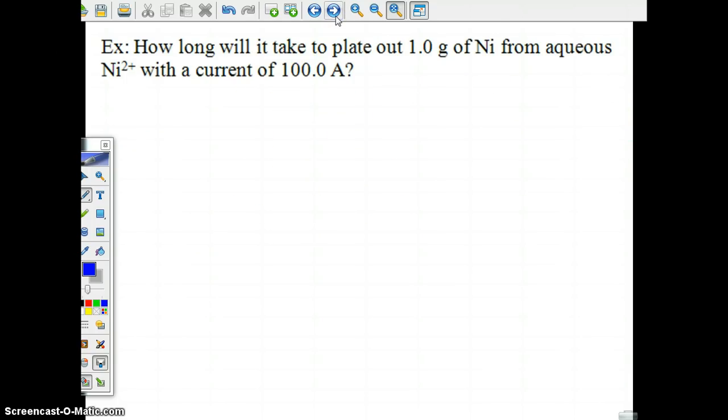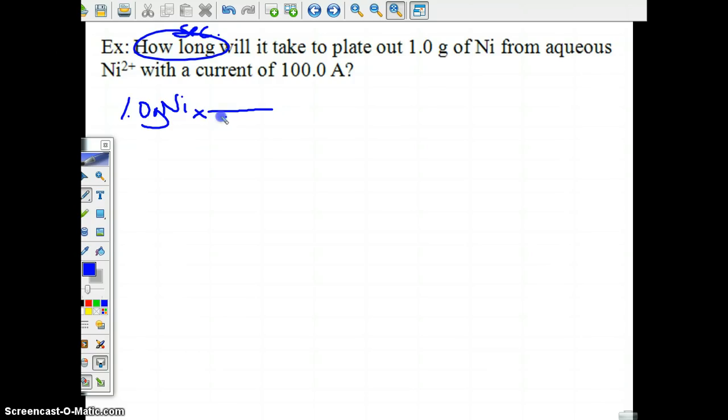How long? So how long is going to be seconds. Will it take to plate out? So that means how much solid forms. 1 gram of nickel from aqueous Ni2+ with a current of 100 amps. So we're going to start with 1 gram, and I'm going to divide it by the molar mass, because I want to get to moles.